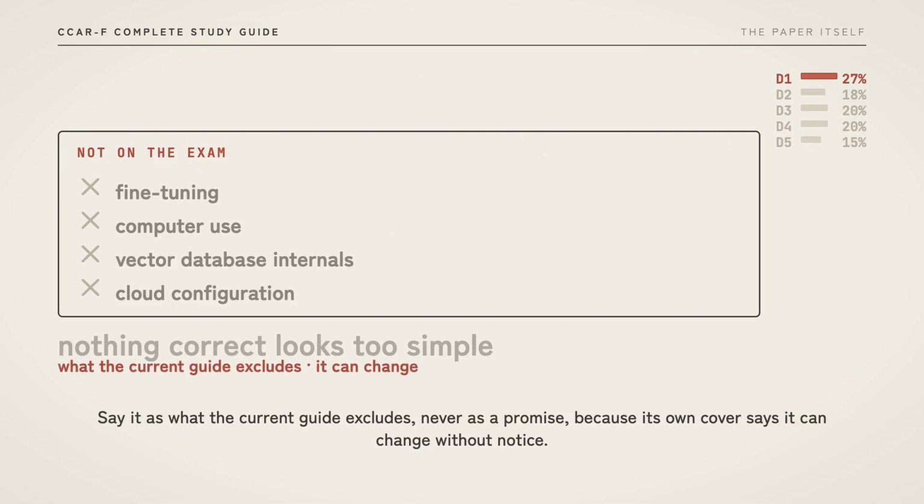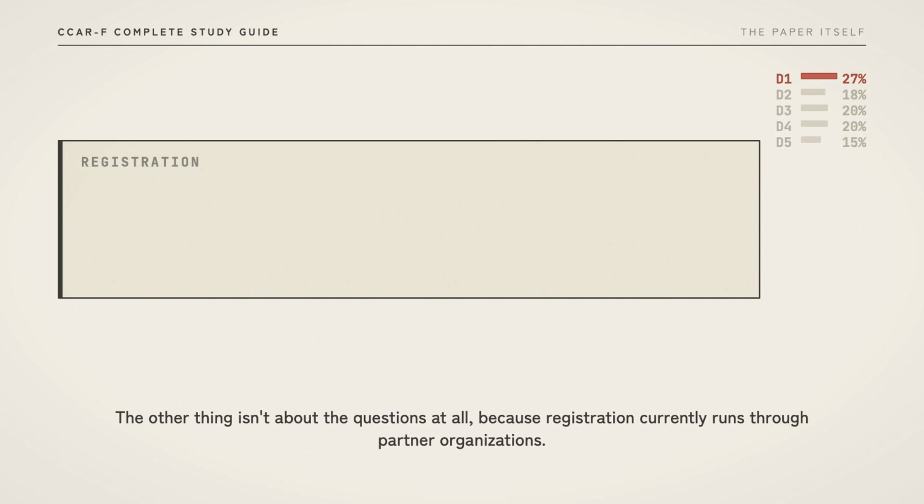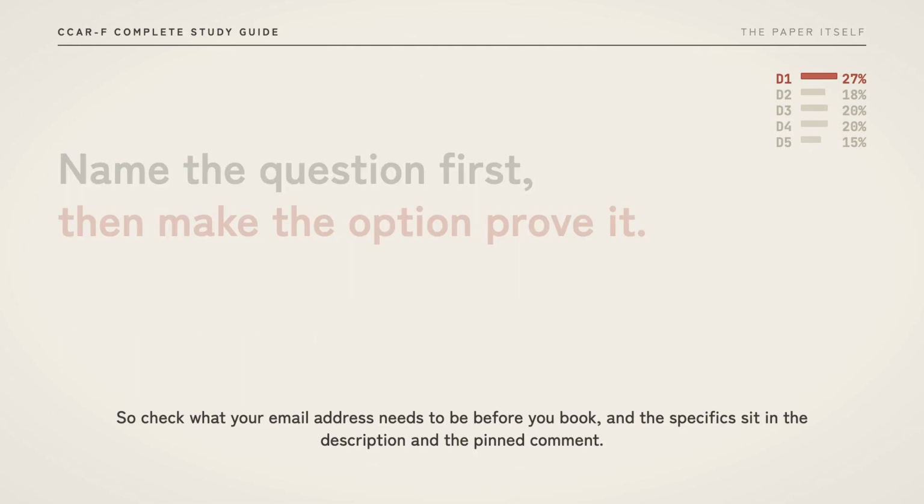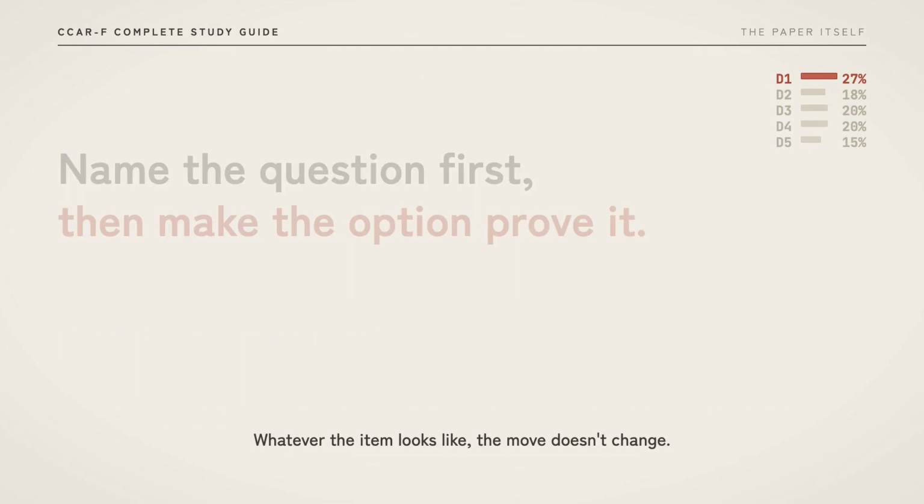Say it as what the current guide excludes, never as a promise, because its own cover says it can change without notice. The other thing isn't about the questions at all, because registration currently runs through partner organizations. So check what your email address needs to be before you book, and the specifics sit in the description and the pinned comment. Whatever the item looks like, the move doesn't change.